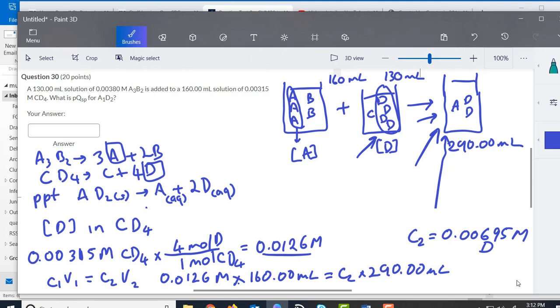Alright, so now we've got those, we can go ahead and calculate our Q value. So I will rewrite those.